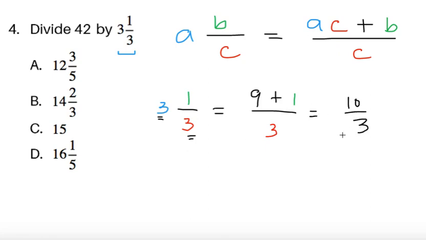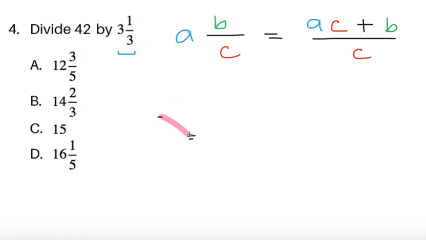So all I have to do is divide 42 by 10/3. I can use the fraction bar as a division, so 42 divided by 10/3. Now I can change the sign to a multiplication symbol, and all I have to do is get the reciprocal of 10/3.